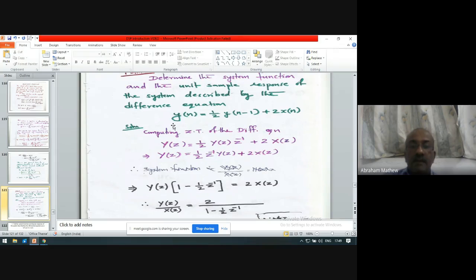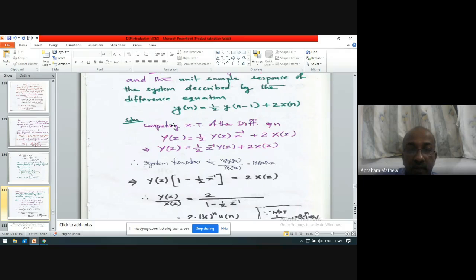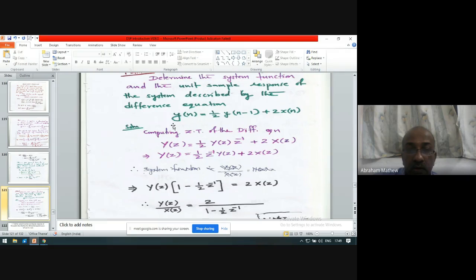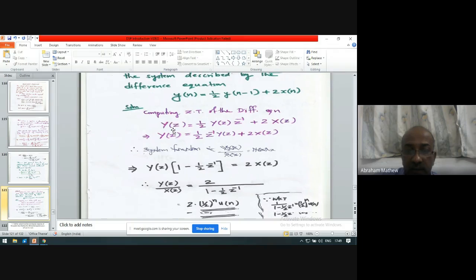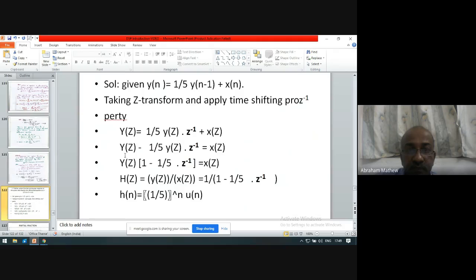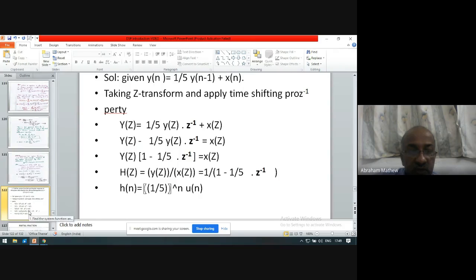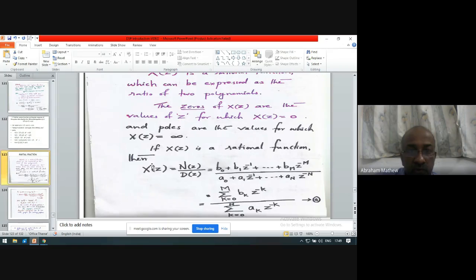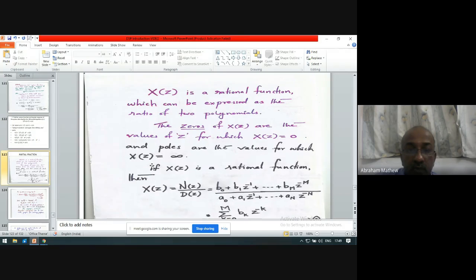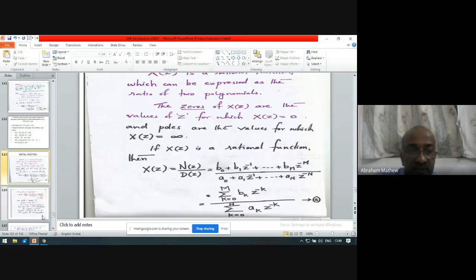I have computed different solutions here using system function, and I am keeping all this for your reference. The answer is also given there. You can kindly go through all those regarding system function.